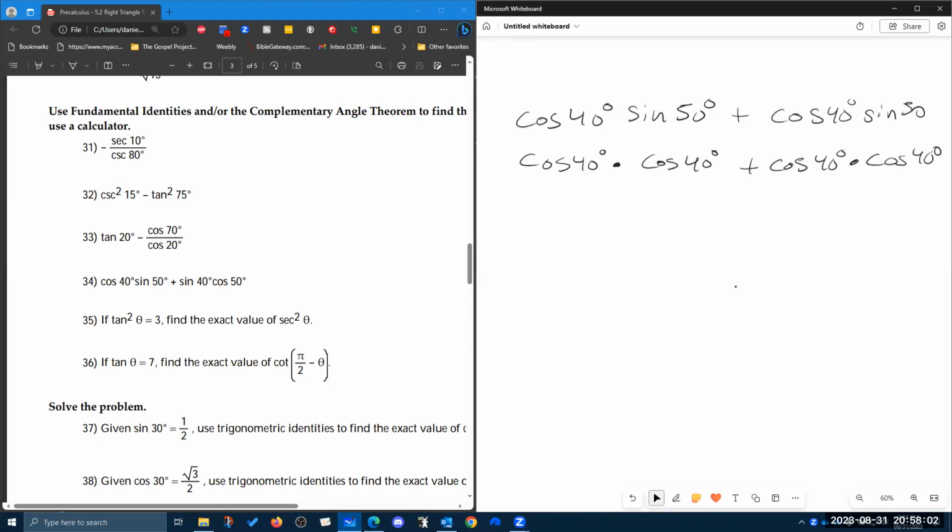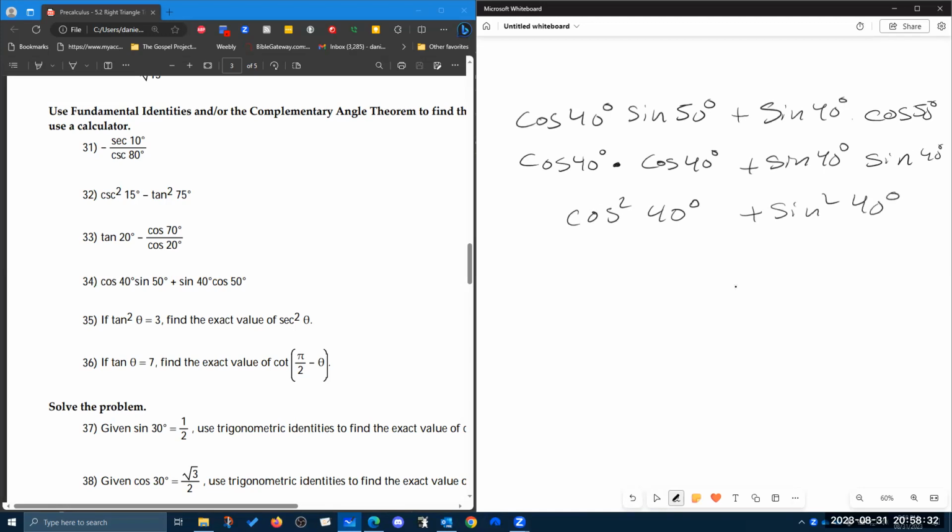Did I write that down right? No, I did not. This is sine 40, cosine of 50, so this is sine 40, sine 40. There we go. So this is cosine squared of 40 degrees plus sine squared of 40 degrees, which is going to be 1.